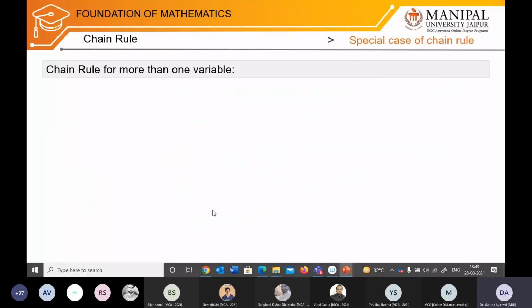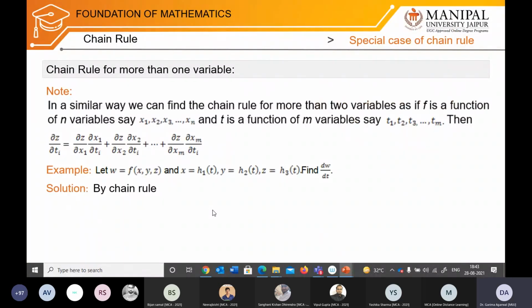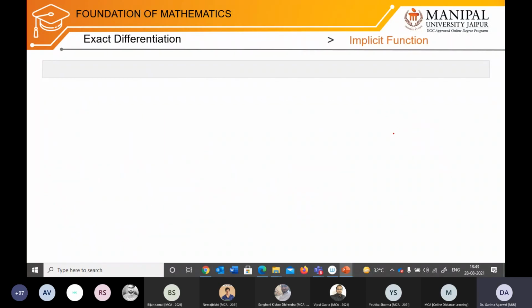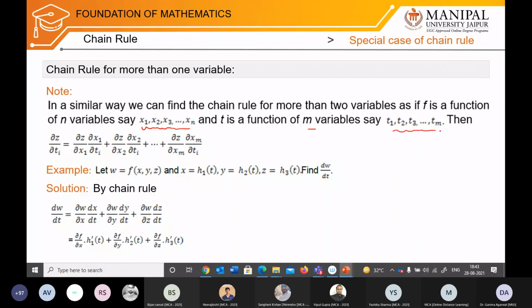Now this is the generalization of chain rule. Z could be a function of n variables, say x1, x2, x3 up to xn. Each x is a function of m variables t. Then del z by del t, how can we find it?